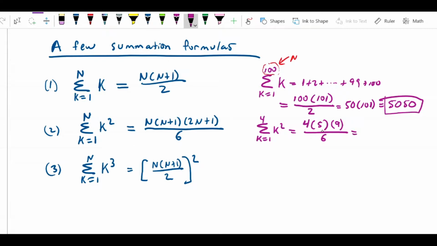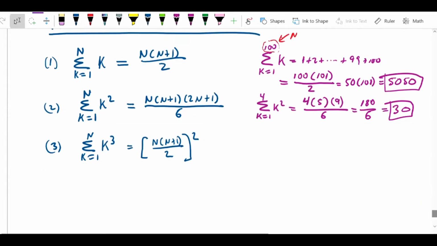This is 4 times 5 is 20 times 9 is 180 over 6, and that gives us 30. So you can check me, but 1 plus 4 plus 9 plus 16, I believe, does actually come out to 30.